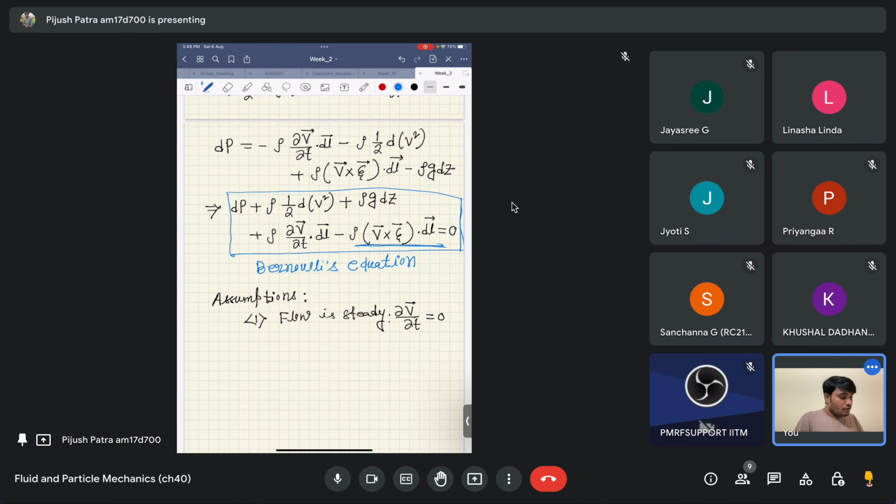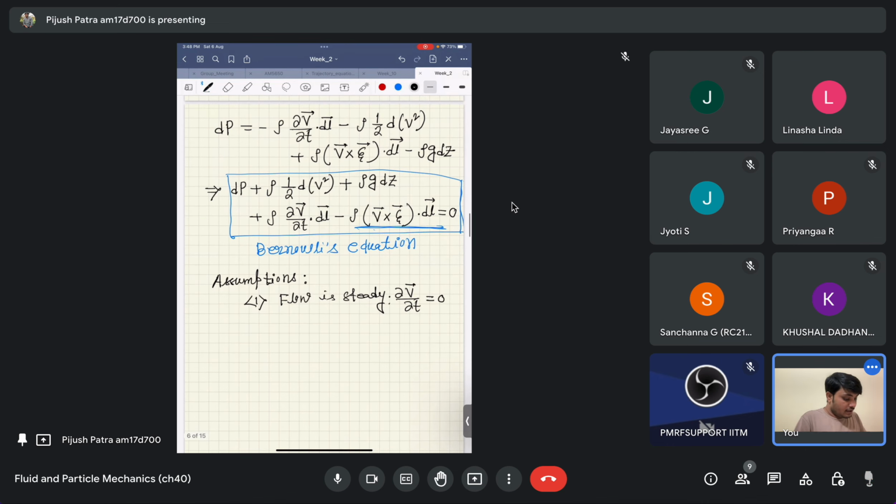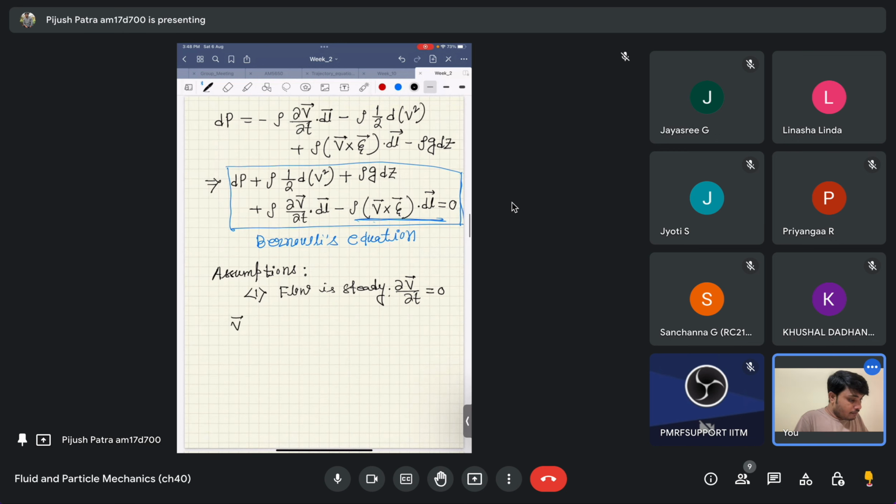It is V cross xi, that means the velocity vector crossed with the vorticity vector and then dotted with the elemental line vector.